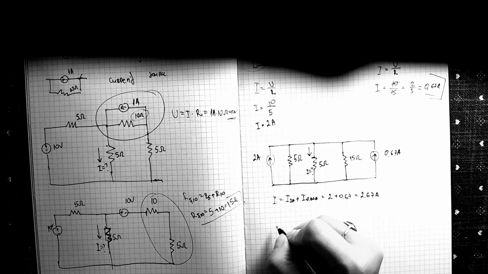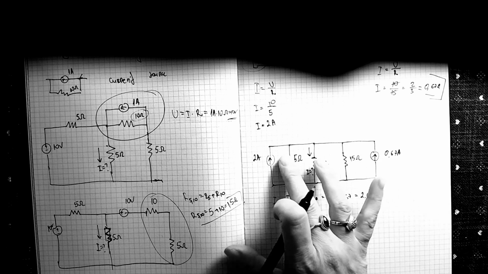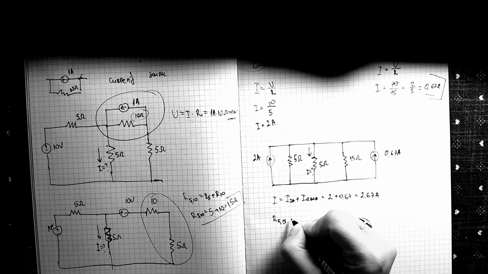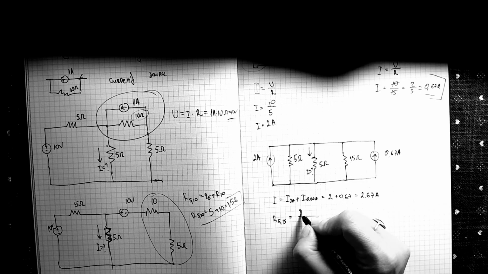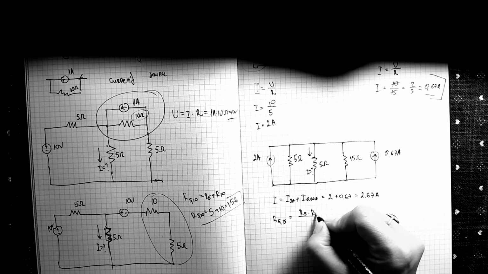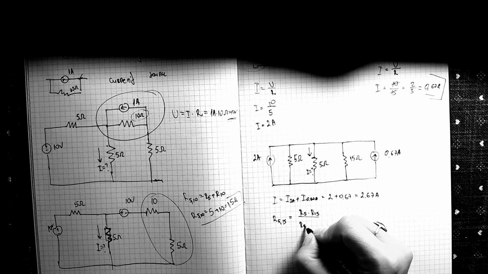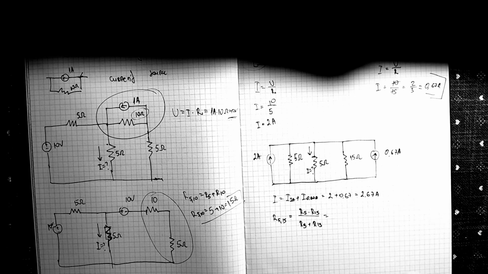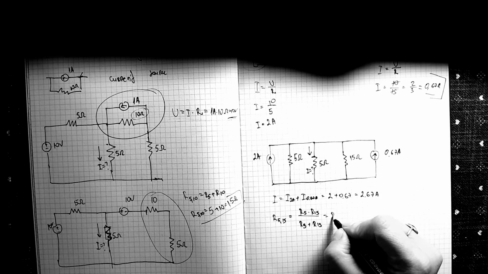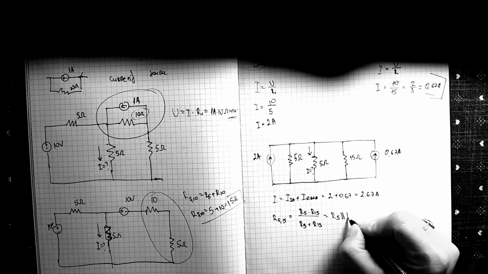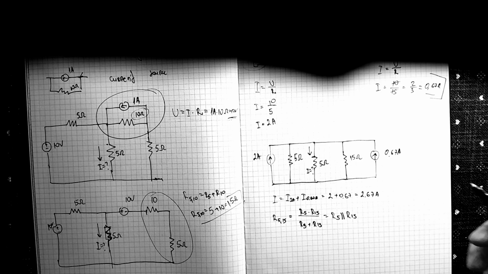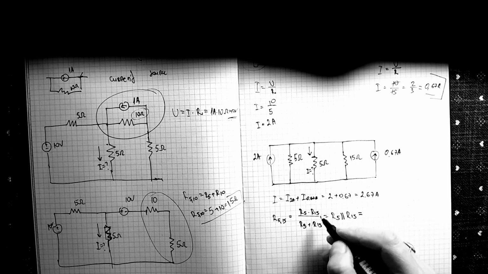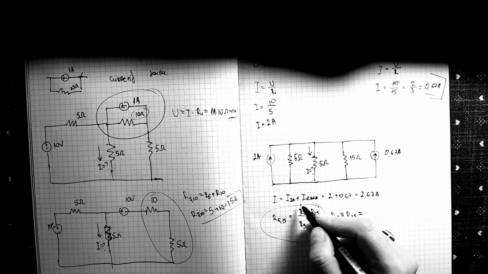Since 5 and 15 are parallel, R5||15 will be R5 multiplied by R15, divided by R5 plus R15. Somewhere you can also find the notation 5, parallel lines, 15. That is not wrong, but if your professor is looking for something else, then you should use this one here.